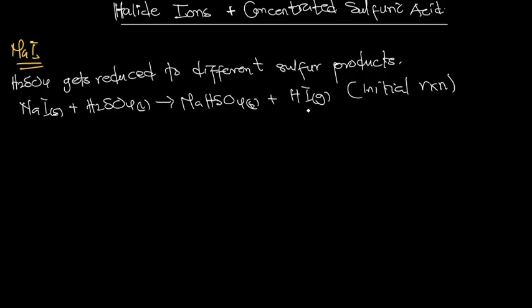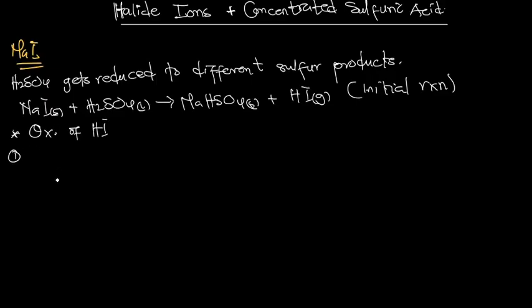But you know that this hydrogen iodide gas is not going to be stable, because we are going to have it oxidized. So the next thing that is going to happen is oxidation of the hydrogen iodide. We are going to have three separate reactions there.